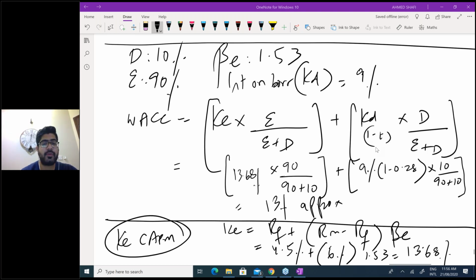Jacker, RM or RM minus RF, they will always be given, never used to calculate. Jagat, as far as ungearing and regearing is concerned, that's only involved in case of diversification or change in capital structure. KE was 13.68: RF 4.5 plus the premium 6% into 1.53, we get 13.68.